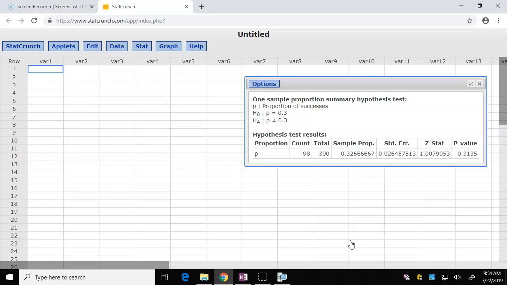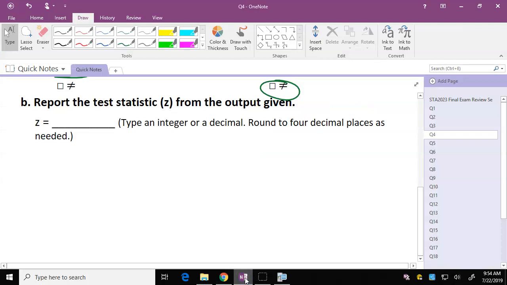What is our z-score? 0.3? No, that's the p-value. 1.00, I think it says 3 decimals, right? 4. So 1.0079. There we go. So 1.0079. Cool beans?